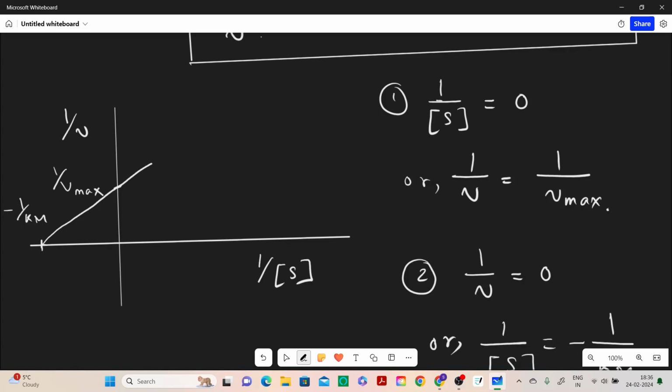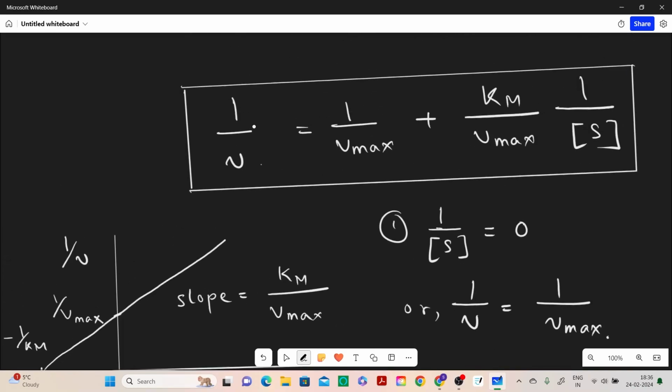And this we have the equation and the linear, and the slope is Km by Vmax. So if we have a few plots in this kind of graph, we can get Km, Vmax and everything else. And this ends our topic on Michaelis Menten equation.